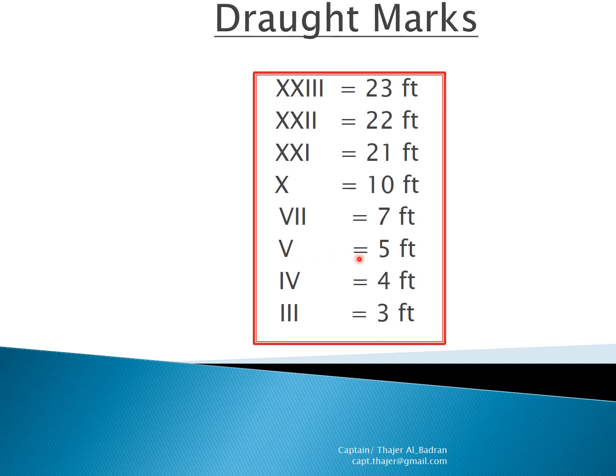V means 5 feet. VII means 7 feet. For example, X means 10 feet. XXI means 21 feet. XXII means 22 feet. XXIII means 23 feet, and so on.